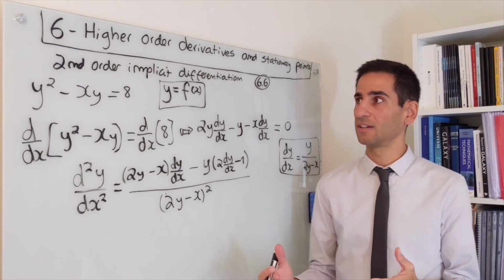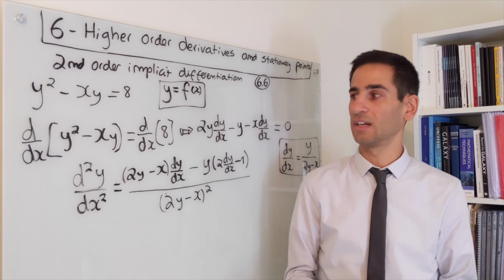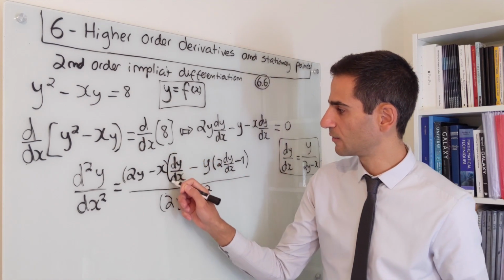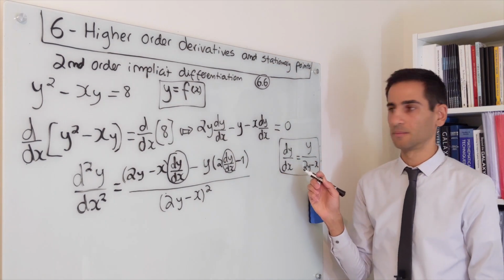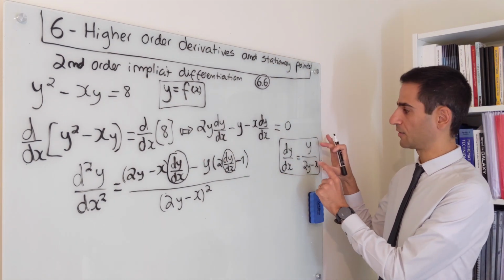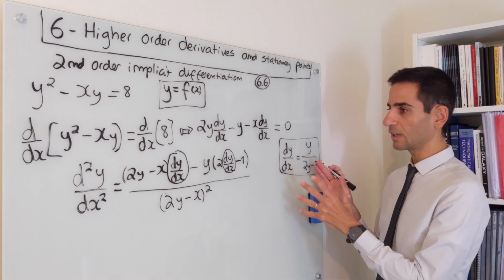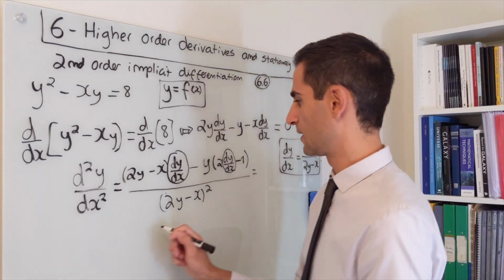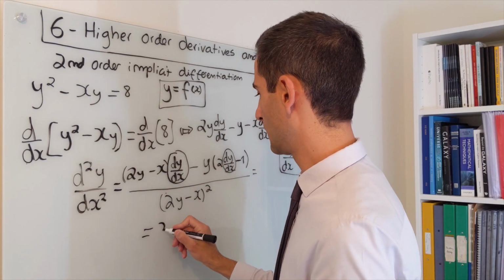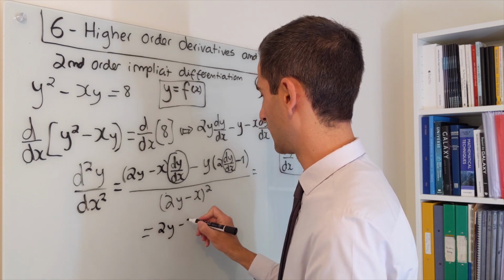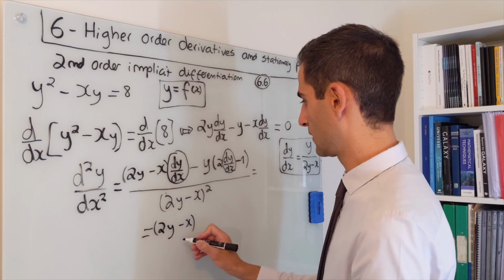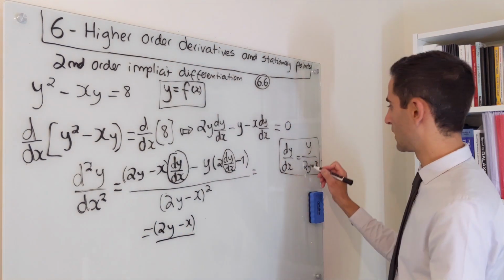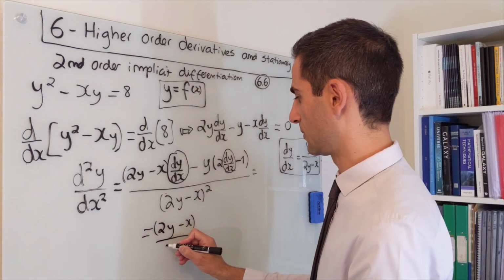The typical final step in second order implicit differentiation is to realize that we already know what these terms are because we have calculated them. And therefore, it's all about just subbing these things in. If we do that, this becomes 2y minus x times, and there's a y, 2y minus x, so I'll put it here.